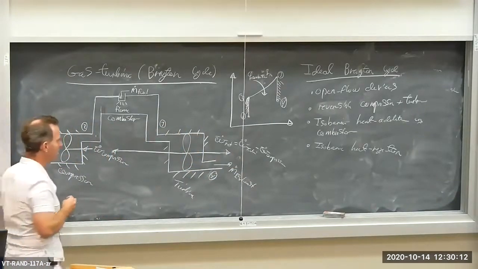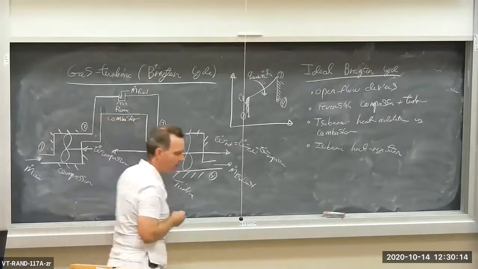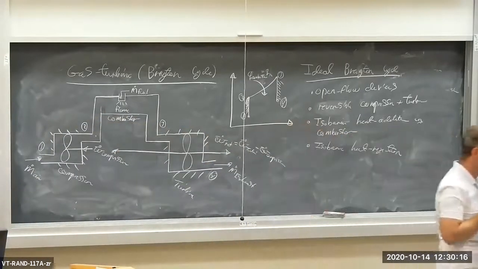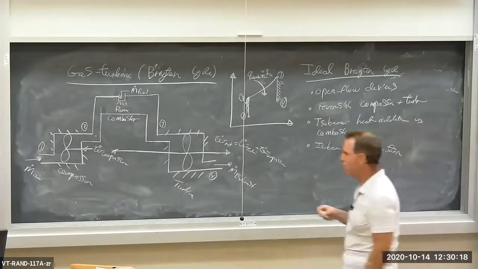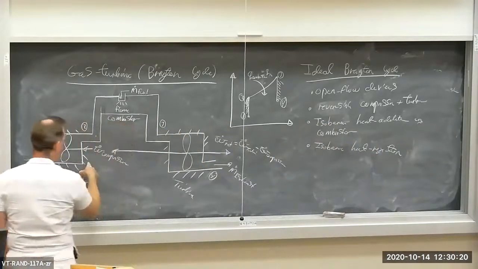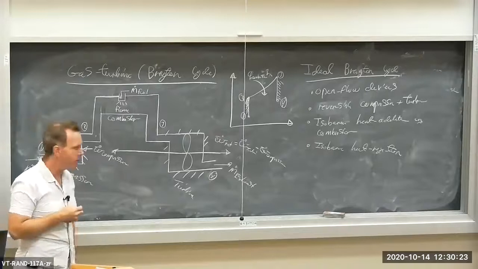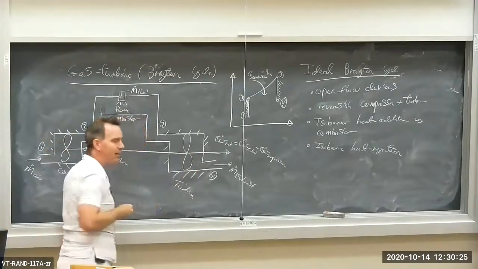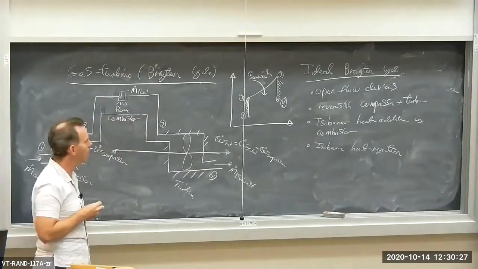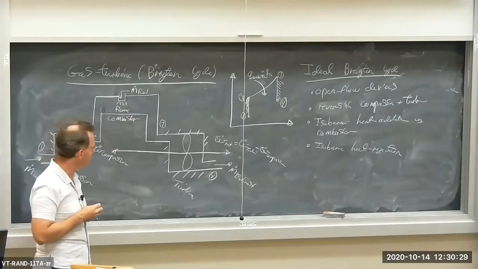So it's critical to understand here: some of the power produced by the turbine, W dot turbine, drives the compressor, and what's left over, W dot net, is the net output for the gas turbine, okay?